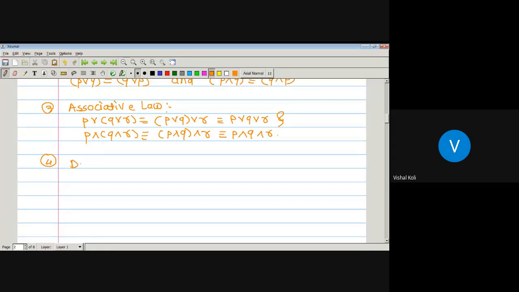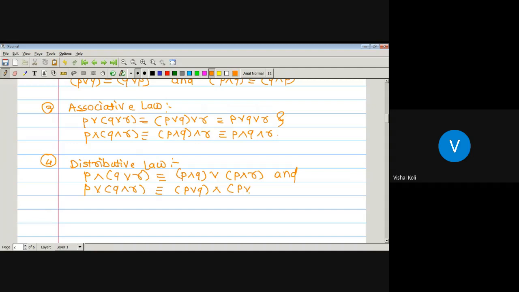Now fourth one, distributive law. Again, if P, Q, R are any three statements which hold these conditions, that is P or (Q and R)... sorry, P and (Q or R) equals (P and Q) or (P and R), and also P or (Q and R) equals (P or Q) and (P or R).